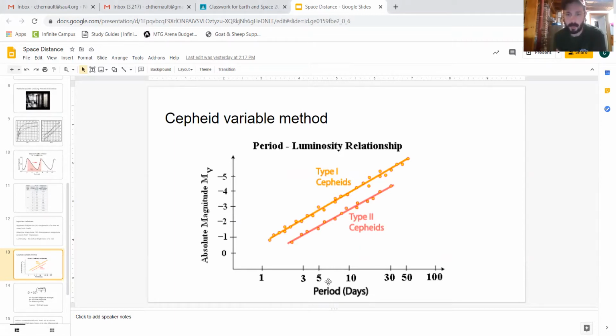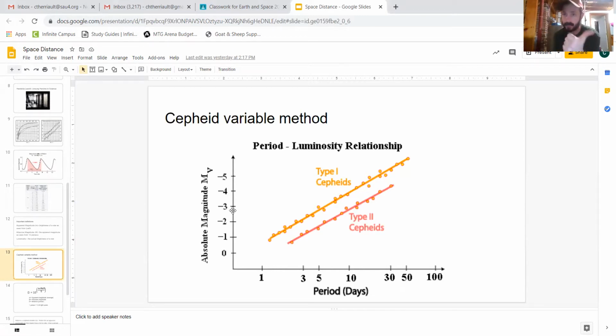So I find my period, which in this case is about 5.4. I follow up to the line of whether your star is a type 1 or type 2 Cepheid. Delta Cephei is a type 1. And then I follow over. And what I realize is that delta Cephei has an absolute magnitude of negative 2.8. And we'll write that value down.